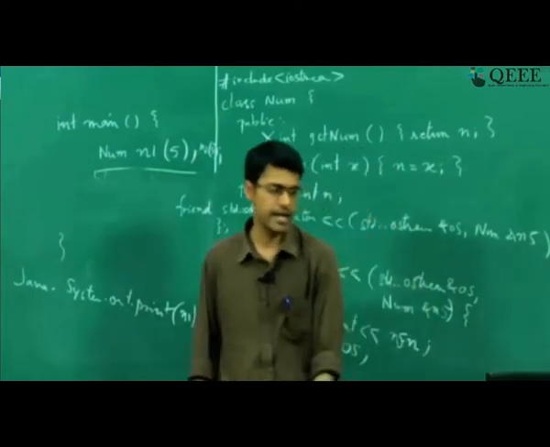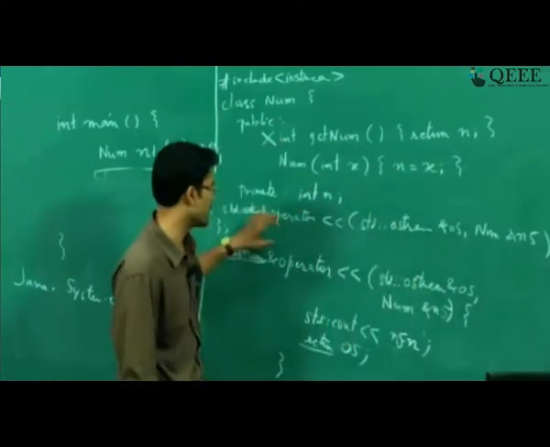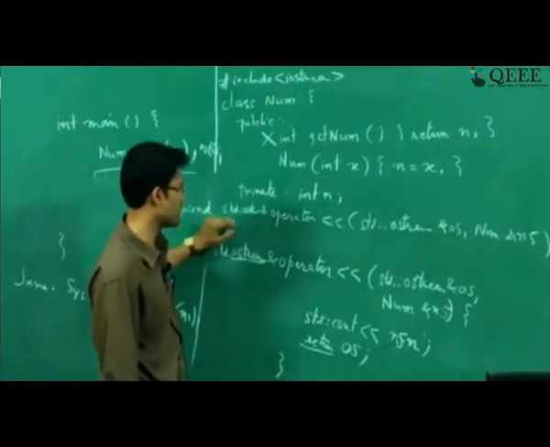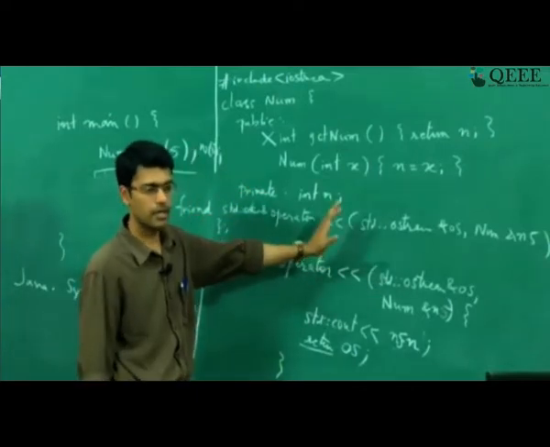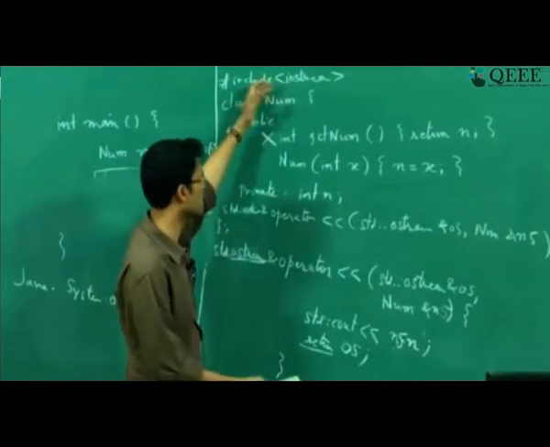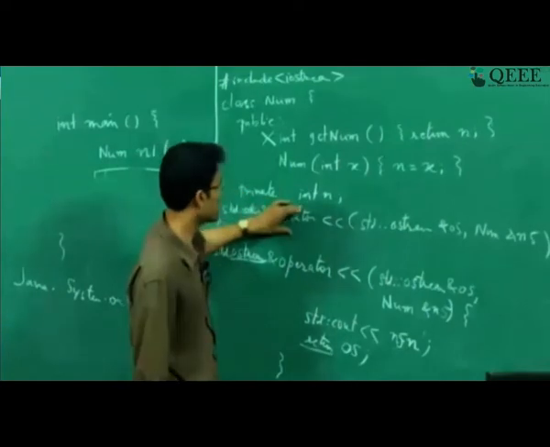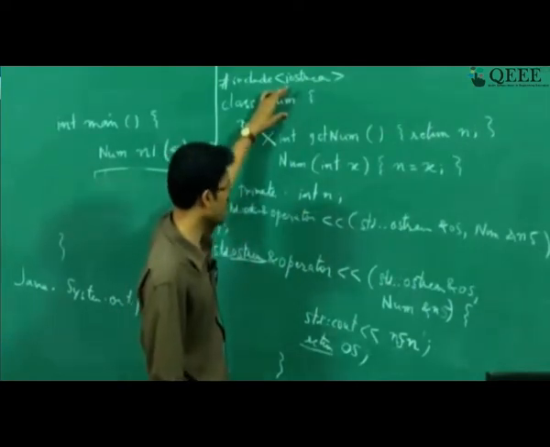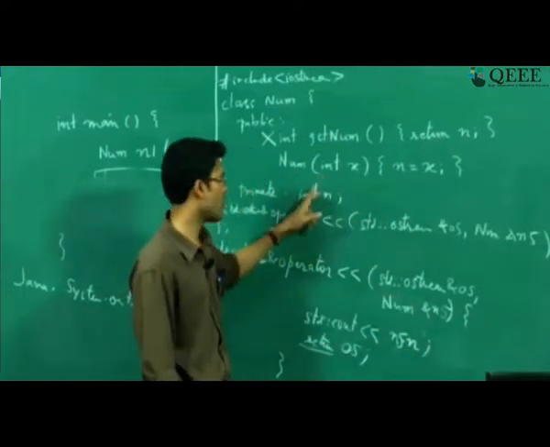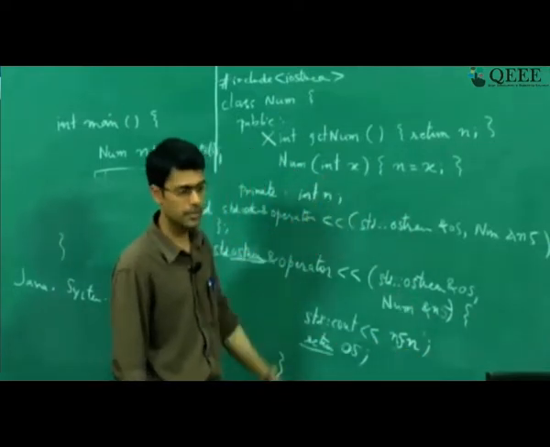On slide 17 we have the solution, which we have essentially written down here, where there is a friend keyword and then the operator left shift defined, which tells the compiler that this operator left shift is a friend of num, and therefore operator left shift is allowed to access private variables of type num, right?